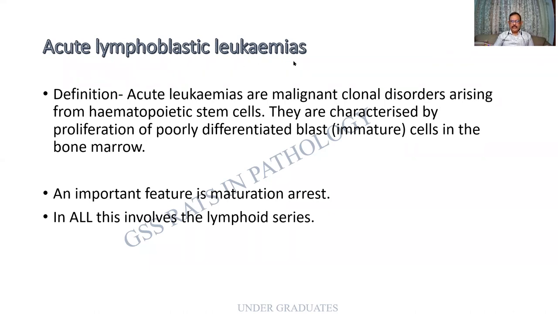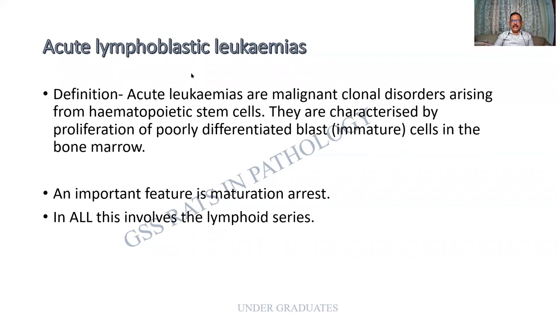Acute lymphoblastic leukemias. The definition, common to the acute leukemias, is that they are malignant clonal disorders arising from the hematopoietic stem cells. They are characterized by proliferation of poorly differentiated blast cells, which are the most immature form in the bone marrow.